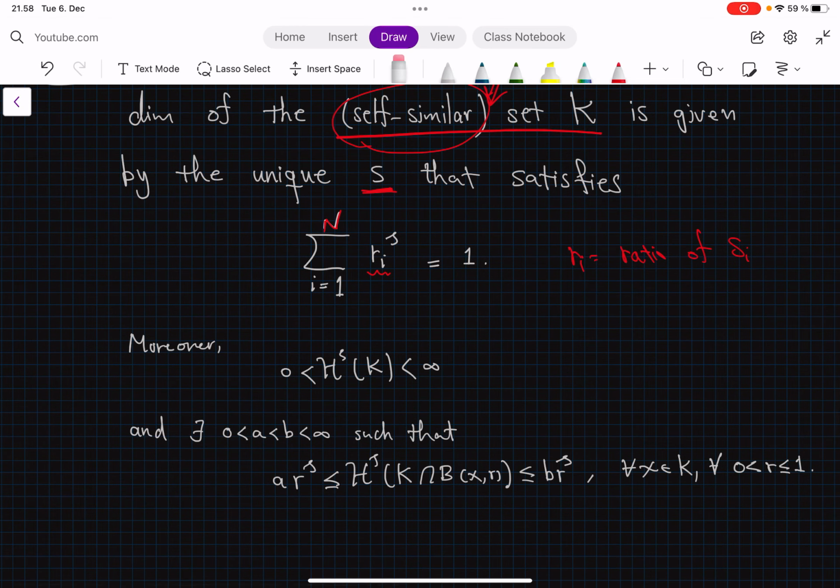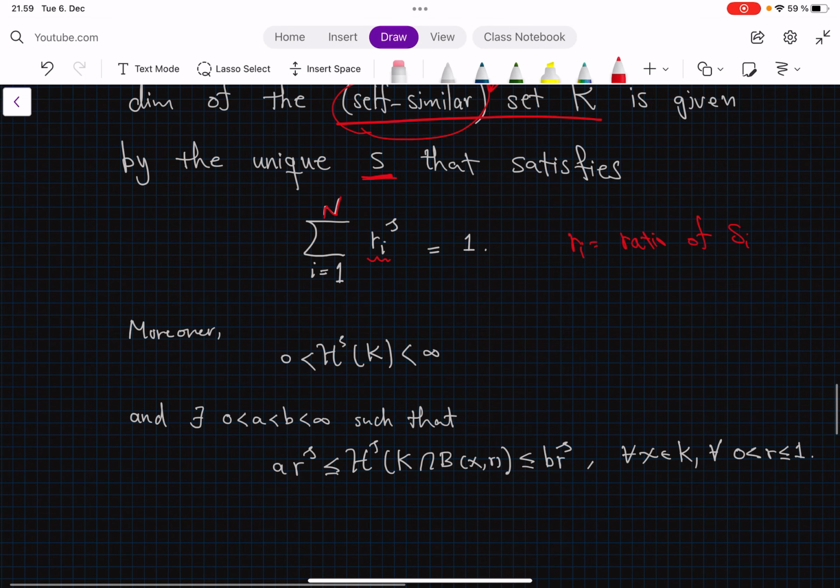Moreover, the Hausdorff measure of the set is actually positive and finite, which we always like. And there is also a regularity part to that, which says that this measure, H^S measure, is distributed quite equally throughout the set, and that is not surprising if self-similarity is anything at all.